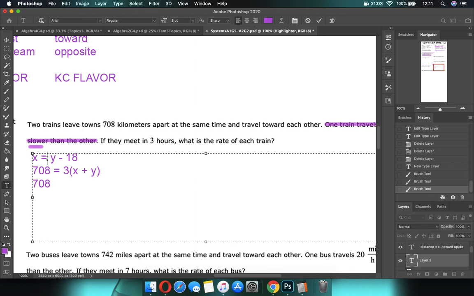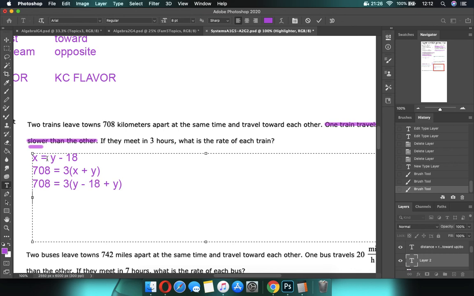Since x has the same value as y minus 18, everywhere I see an x, I'm going to replace it with y minus 18. So 3 times y minus 18 plus y. In other words, this here was originally an x, and all I did was pull out the x and plop in what the x was equal to.